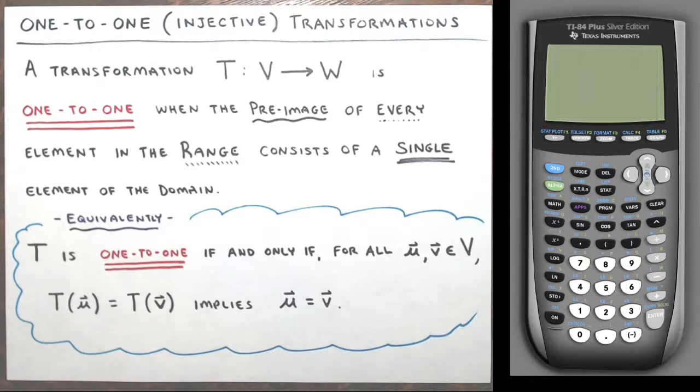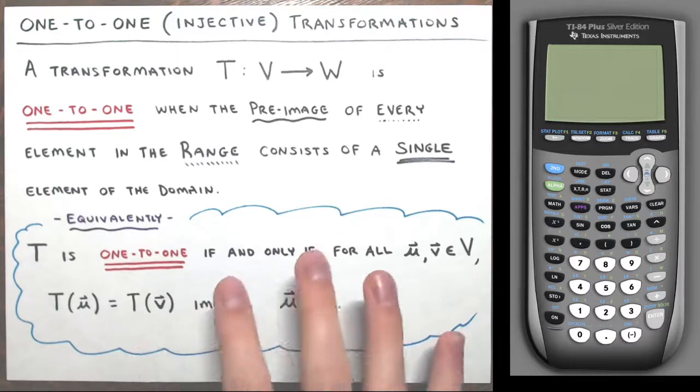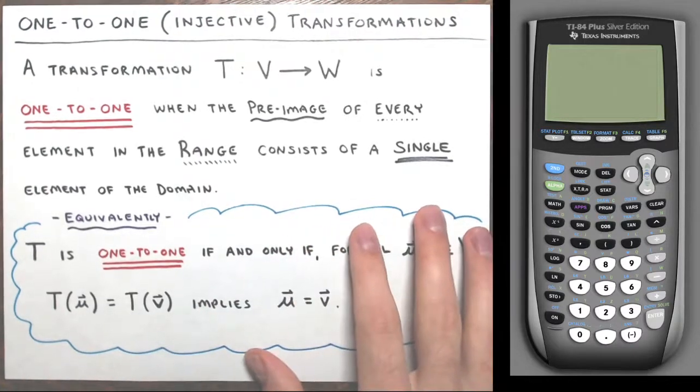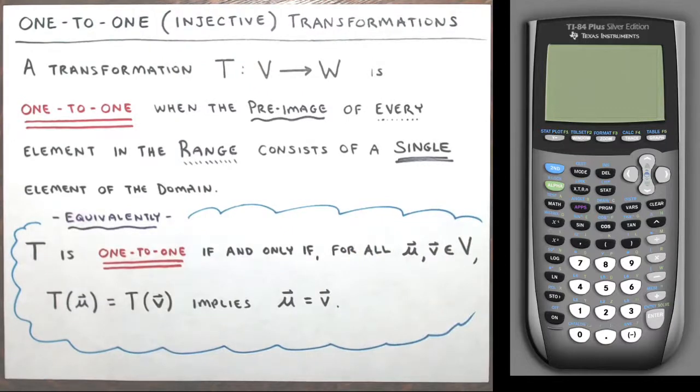Right. Now an equivalent way to say this, and this is going to be very important, I put it in a little cloud here, because this is the concept we're going to use to help us prove or show that a transformation is one-to-one.